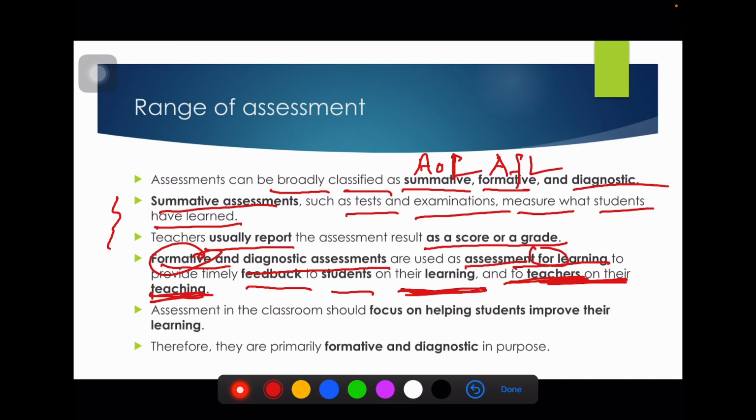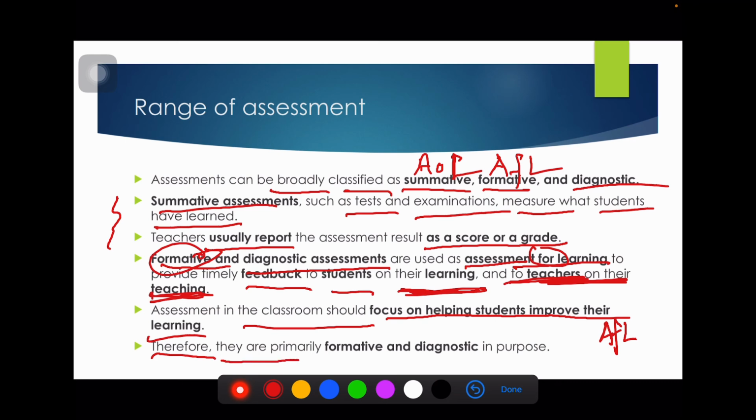So assessment in the classroom should focus on helping students improve their learning. The formative or assessment for learning should be an indication of how well a student is doing in certain topics and which topics they need help in.